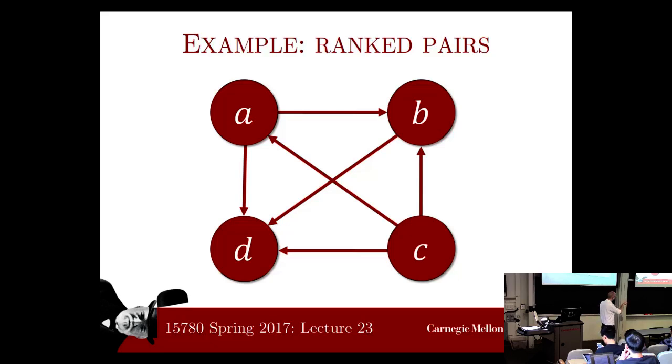So notice that C beats everybody in this graph. Let's see, A beats B and D but loses to C, so he's second place. B beats D but loses to the other two, so he's third place, and D loses to everybody. So any complete acyclic graph you can interpret in this way as an order, and then we take the highest ranked alternative in the order, which is alternative C. He would be the winner of the election.